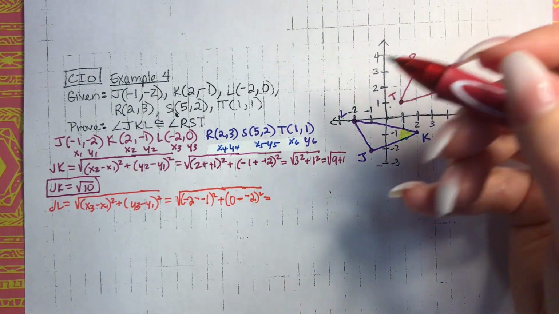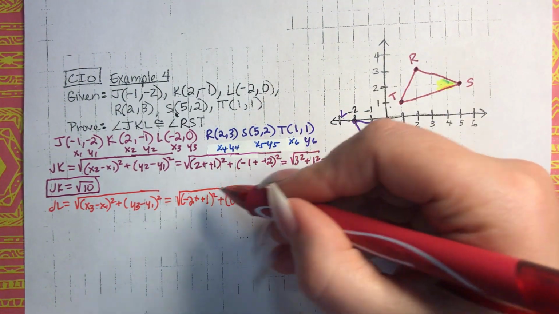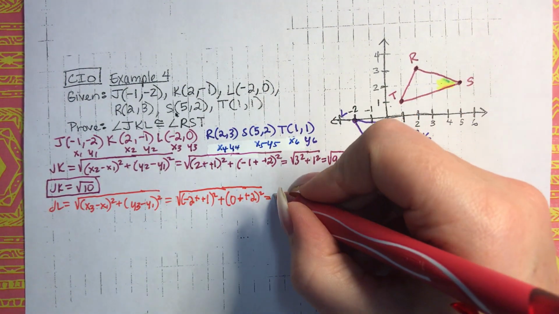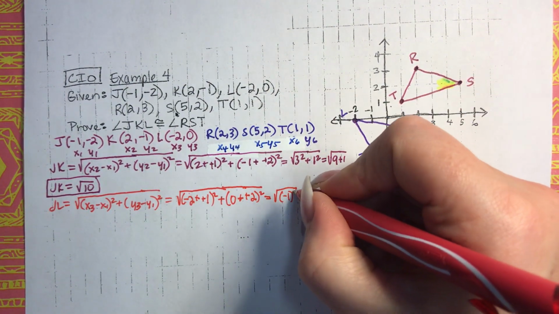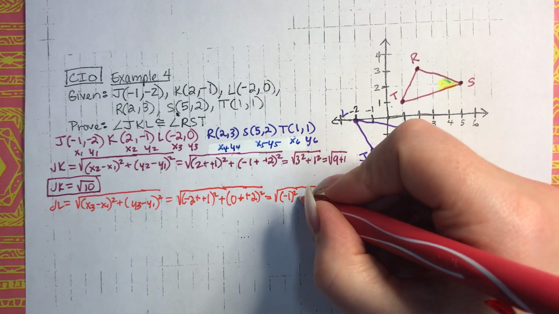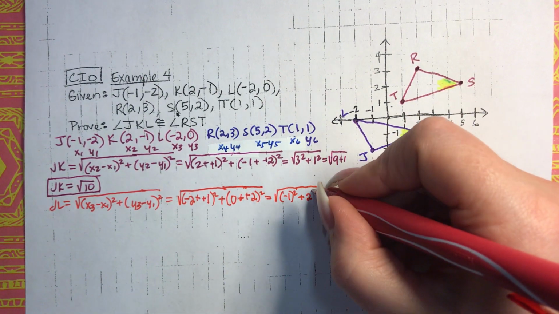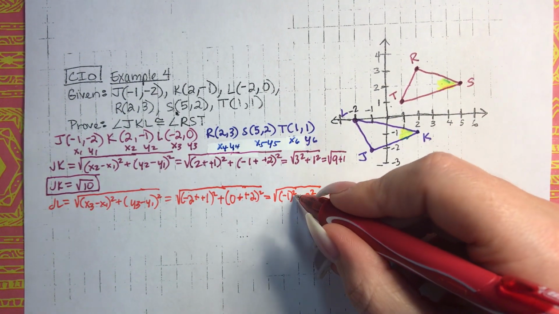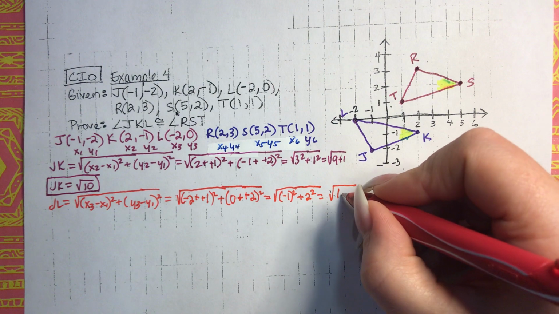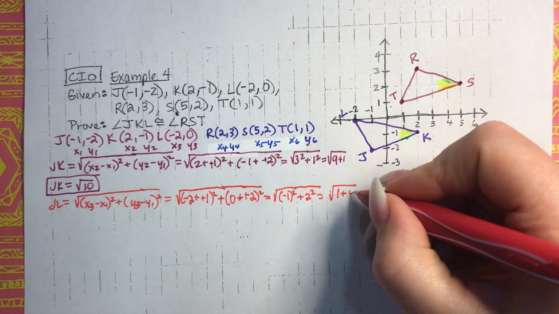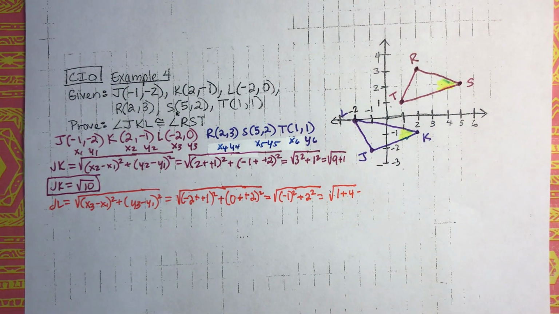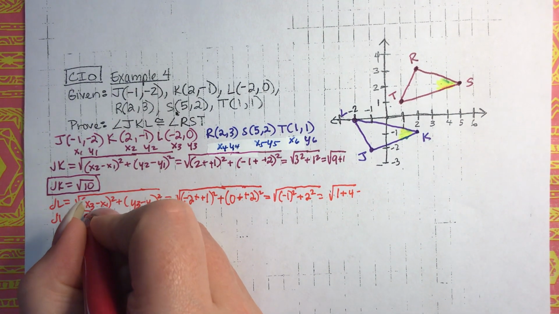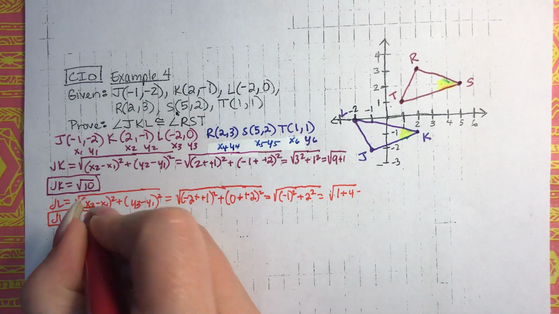Two negatives are a positive. We're simplifying. -2 plus 1 would just be -1 squared, right? Plus 0 plus 2 would be 2 squared. -1 times -1 would just be 1, plus 2 times 2 would be 4. So we get the square root of 5. JL is equal to the square root of 5, and that's an exact form as well.